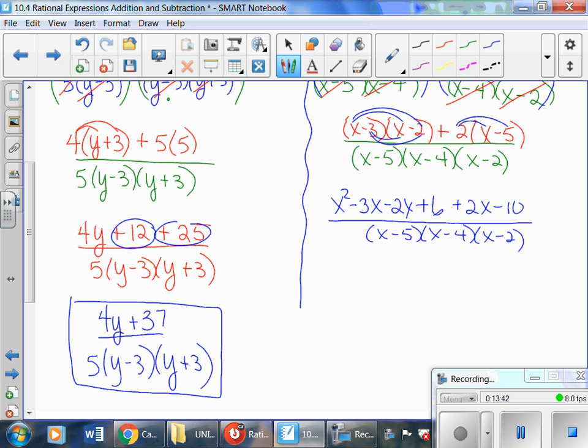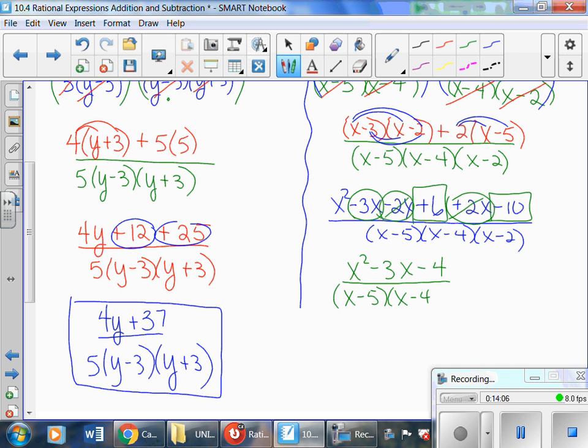So let's do some combining of like terms here. So I have this, and this, and look, these two cancel. So I get x squared minus 3x, and then I have a plus 6 and a minus 10, which is a minus 4, all over my common denominator, x minus 5, x minus 4, and x minus 2.